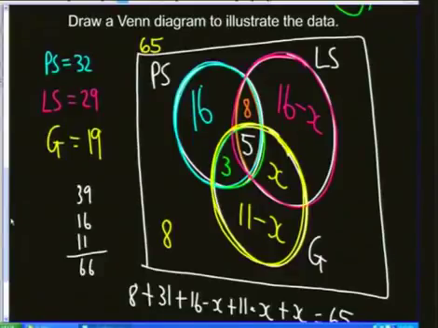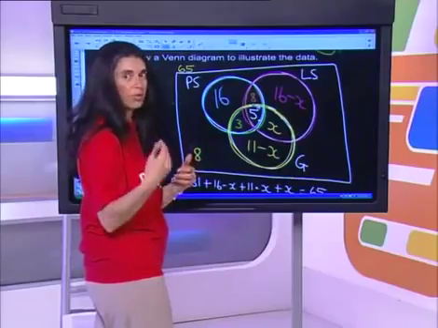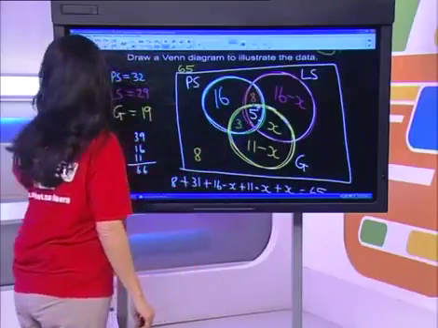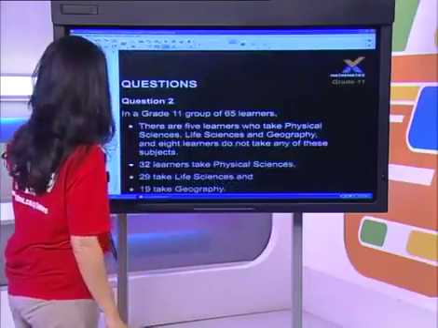If I choose students here, they're only taking physical science. If I choose students here, they're only taking geography. So which students are taking physical science and geography? The overlap. But can you see they've asked me to leave out the life science students? So I've got to exclude those 5 because they do take science and geography, but they also take the life science. So therefore, it would only be 3 out of our possible 65.